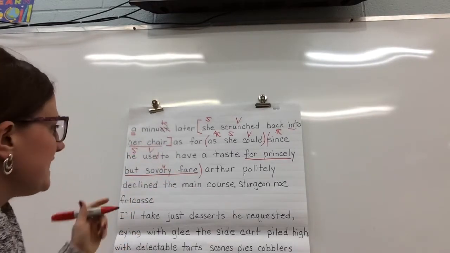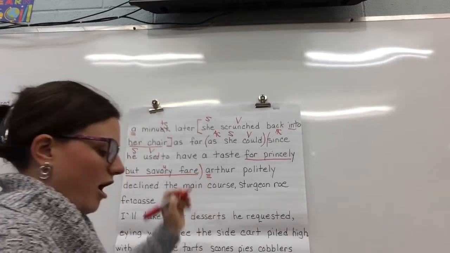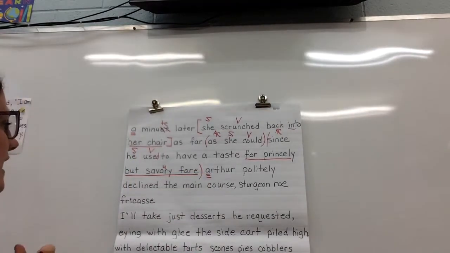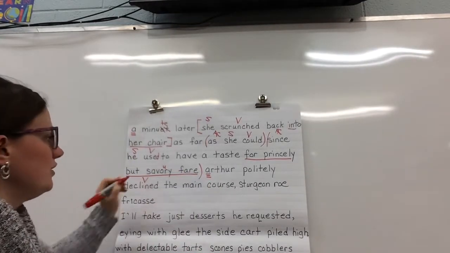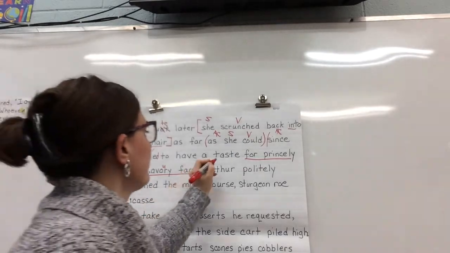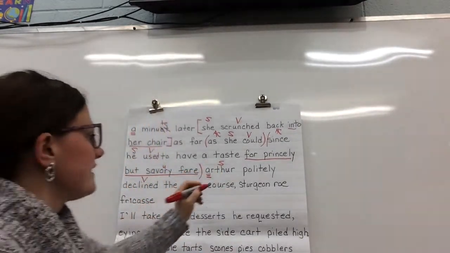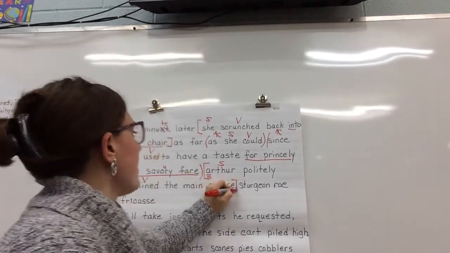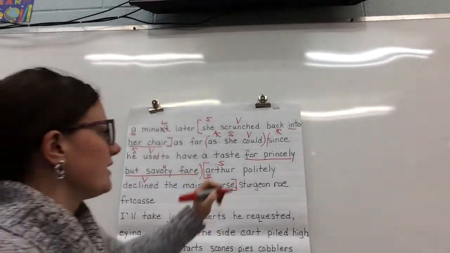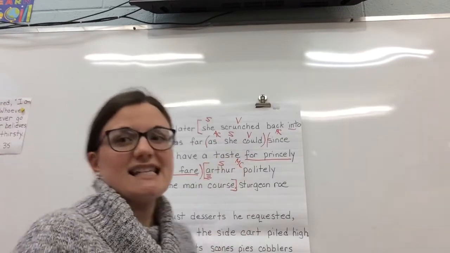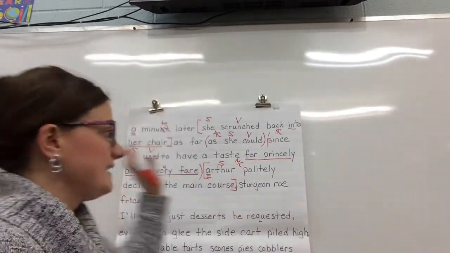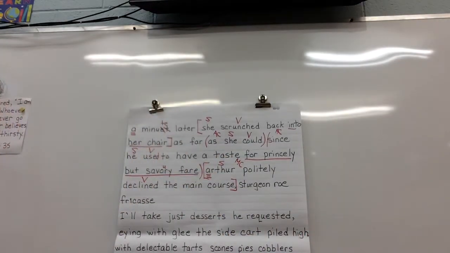Okay? And then I hope you capitalize Arthur. Okay? And our next verb is declined. Who declined? Arthur declined. Okay? To the main course. This is a main clause. Arthur politely declined the main course. Right? A main clause can stand alone as a sentence. So that can stand all by itself.